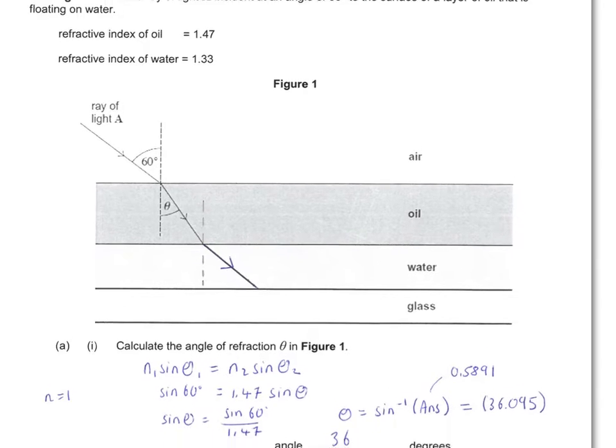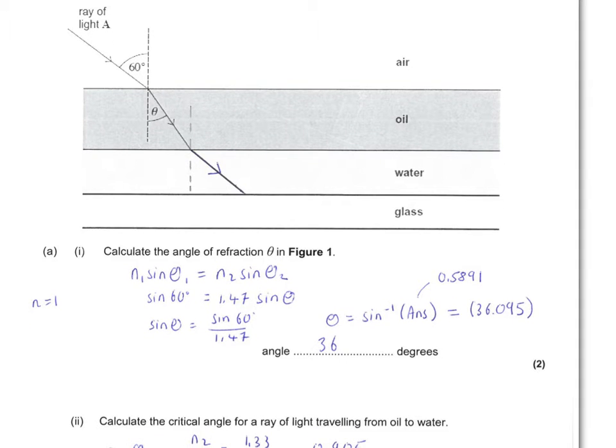The first step is to calculate the angle of refraction, theta, in the diagram. Here we apply Snell's law. So n1 sine theta 1 equals n2 sine theta 2. n1 refers to the refractive index of the air, which is 1, and sine theta 1 is this angle of incidence here, 60 degrees.